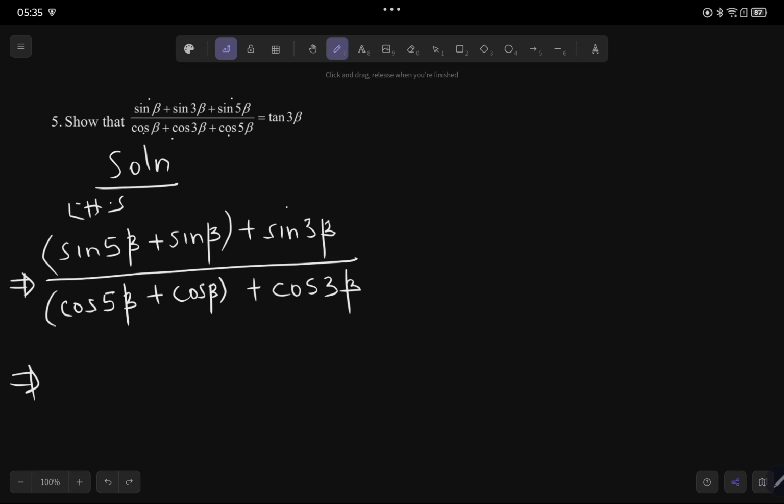Now applying our factor formula for sine in the first bracket here on the numerator, we shall get 2 sine cos. 5 beta plus beta is 6 beta. Divided by 2, we get 3 beta cos. 5 beta minus beta is 4 beta. Divided by 2, you get 2 beta.